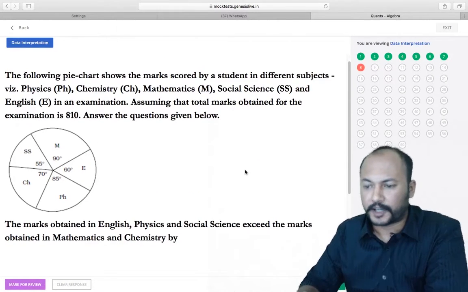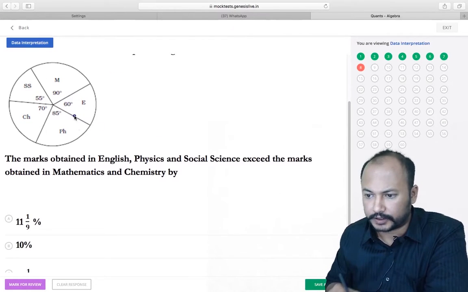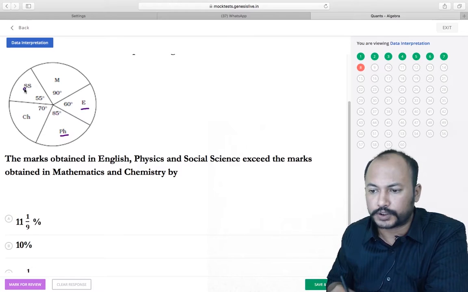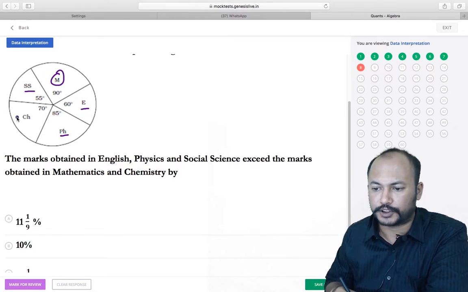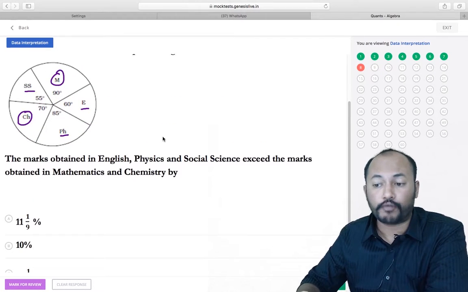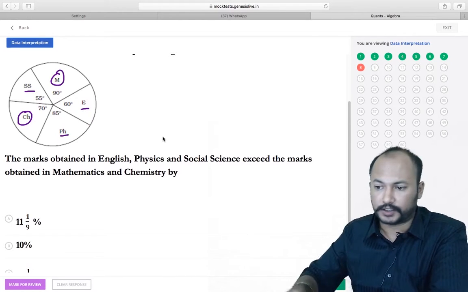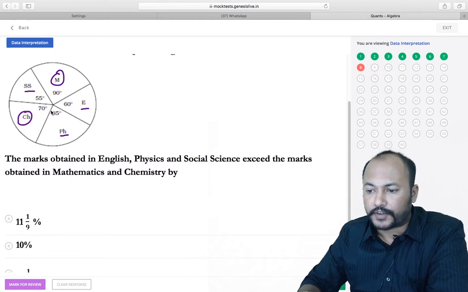Question number 8. The marks obtained in English, physics and social science exceed the marks obtained in math and chemistry by what percentage? What percentage of what? Percentage of the total marks, right? So now the difference is how much?